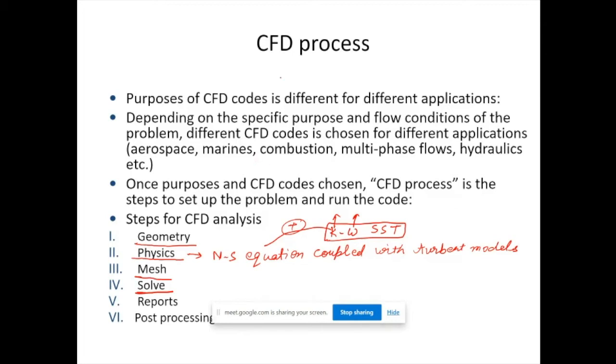But CFD is not a tool limited to hydro turbines. We can use CFD for any application where fluid is involved: aerospace, marine, combustion, multi-phase flow. Like cavitation prediction, we basically use the multi-phase flow model, and for combustion also we have some models.